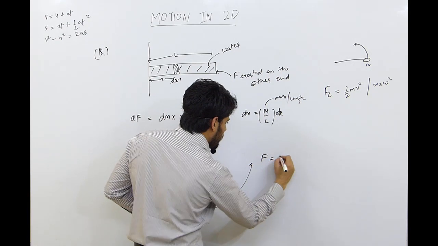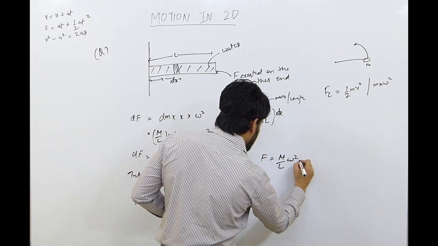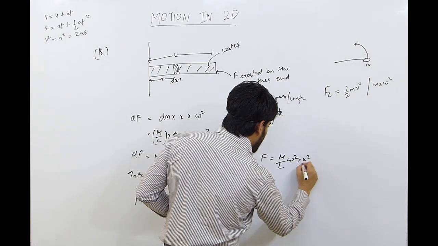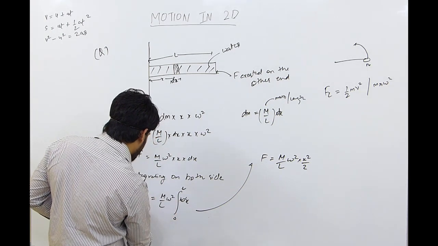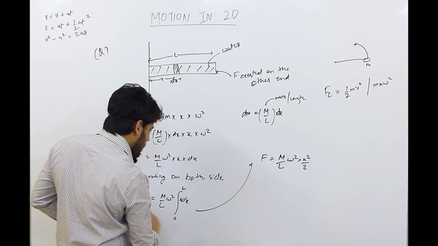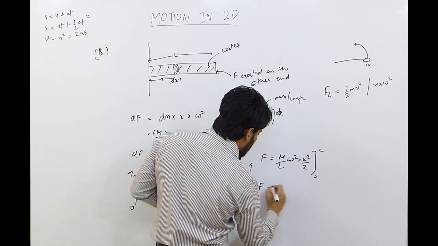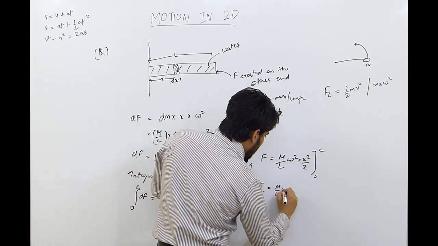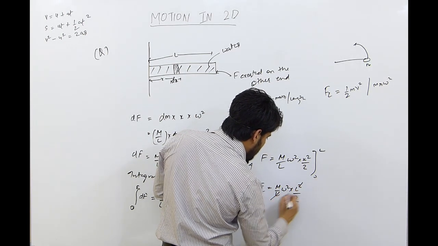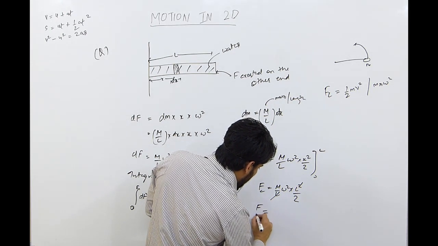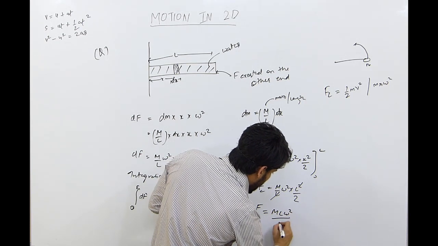So f is equal to m by l omega square into x square by 2, integrated from 0 to l. So the total centrifugal force is m by l omega square into l square by 2. One l is cancelled, so the centrifugal force is equal to m l omega square by 2.